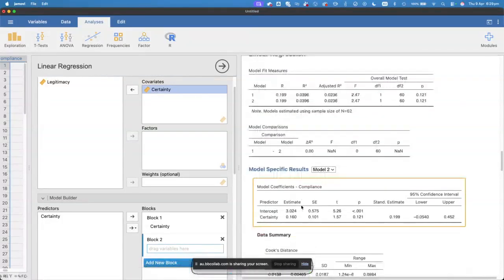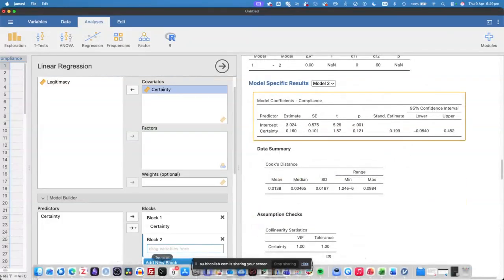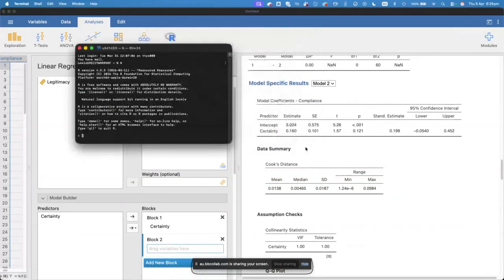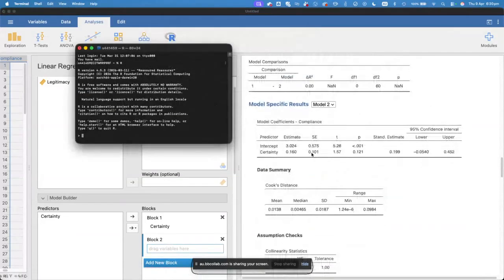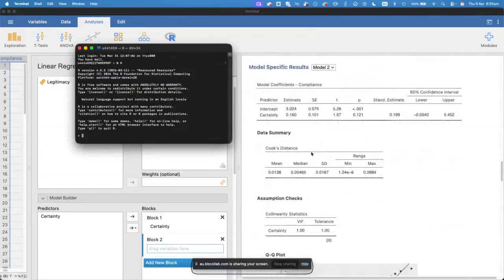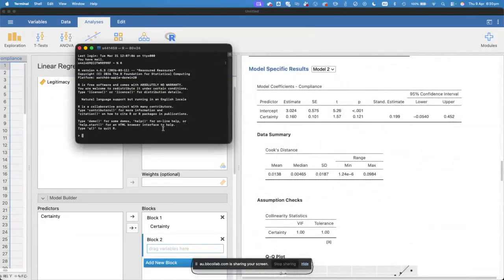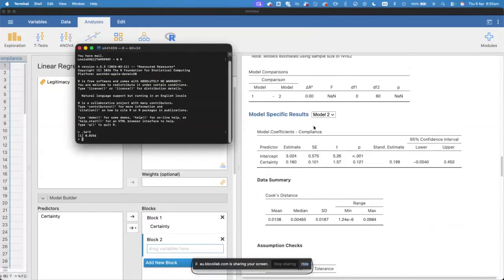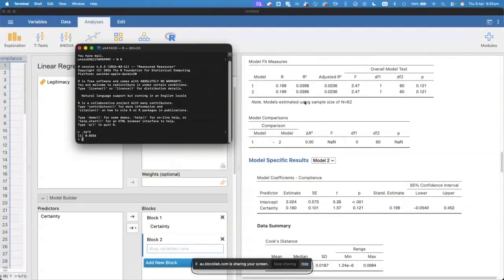So if I get 0.16 and I square it, you get 0.0256. That does not map on here.